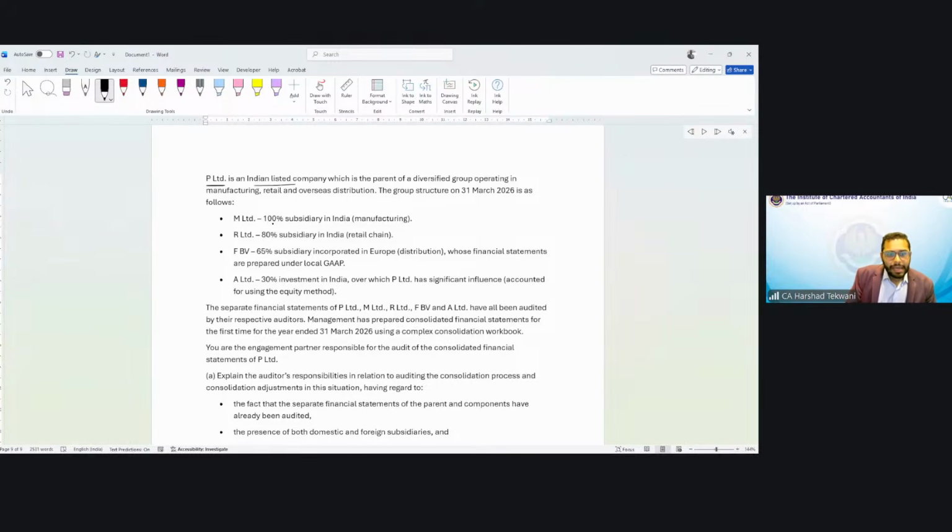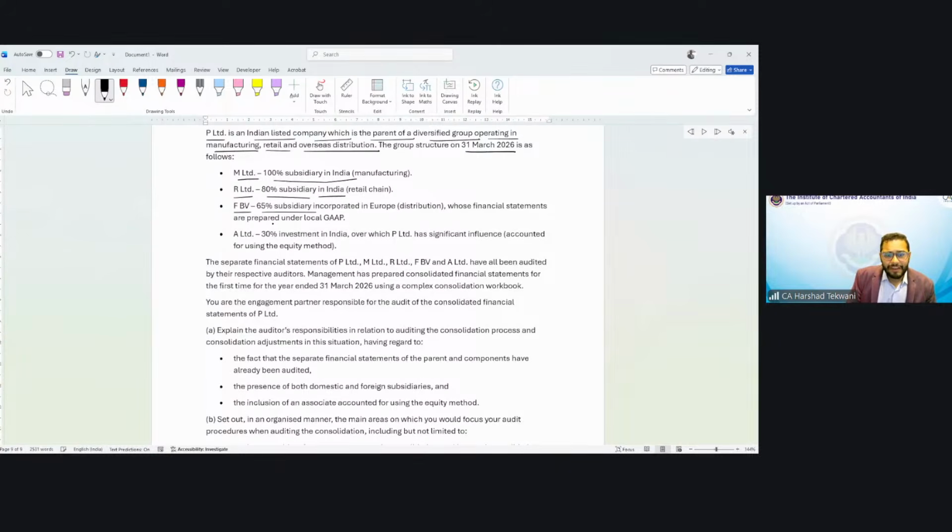P Limited is an Indian listed company which is a parent of a diversified group operating in manufacturing, retail, and overseas distribution. The group structure on 31st March 26 is M Limited, 100% subsidiary in India; R Limited, 80% subsidiary in India; FBV, 65% subsidiary incorporated in Europe, whose financial statements are prepared under local GAAP, IFRS, as of now; A Limited, 30% investment in India, over which P Limited has significant influence, accounted for using the equity method.